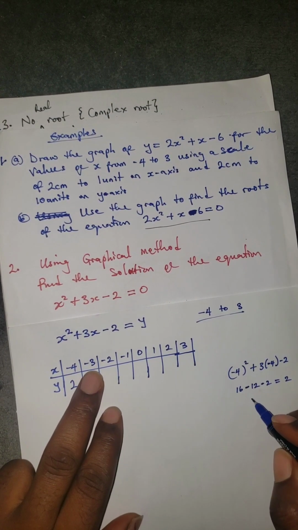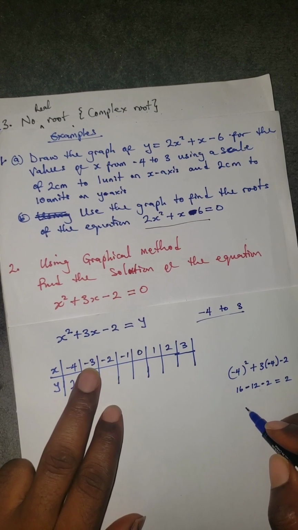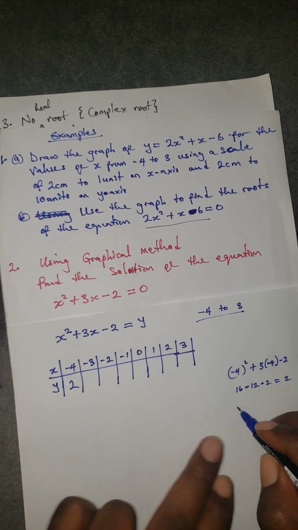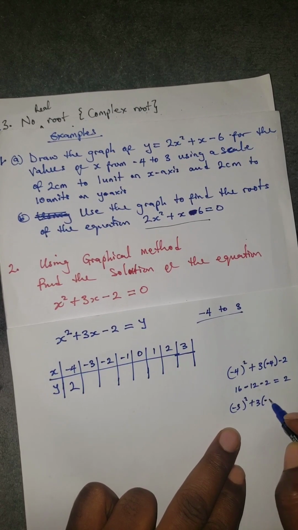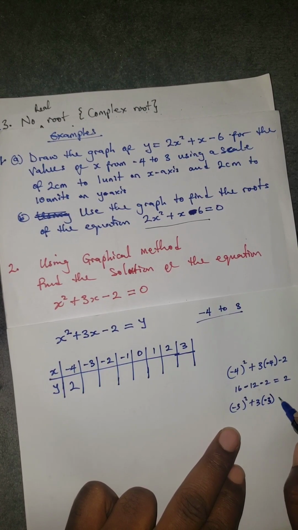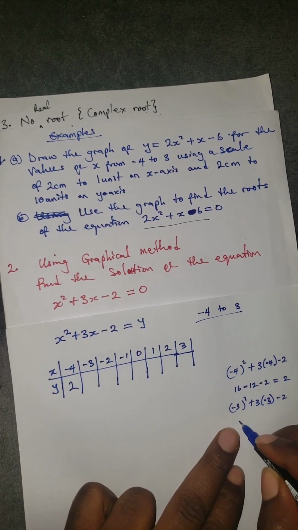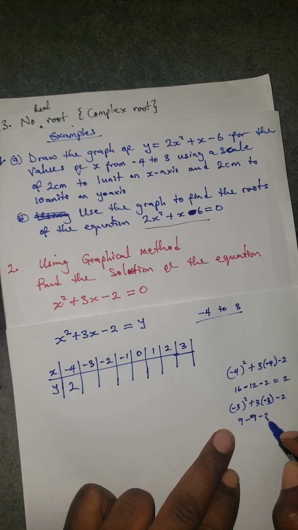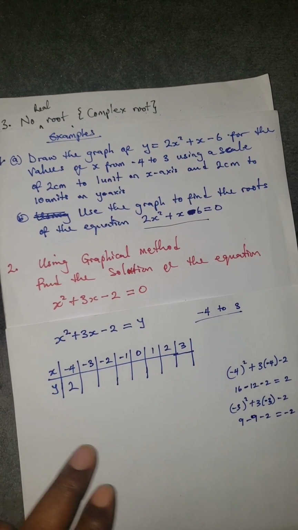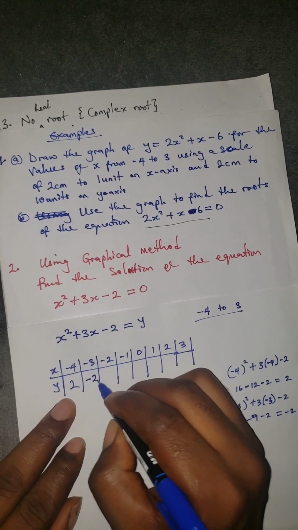When x is -3, we have -3 all squared plus 3 into -3 minus 2. So that will give us 9 minus 9 minus 2. That will give us -2. So I have -2 here.